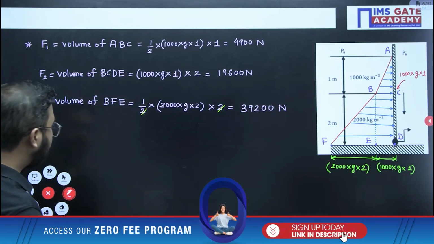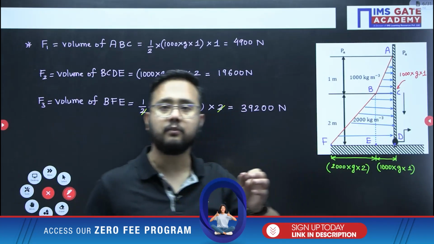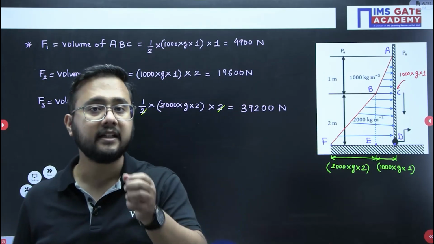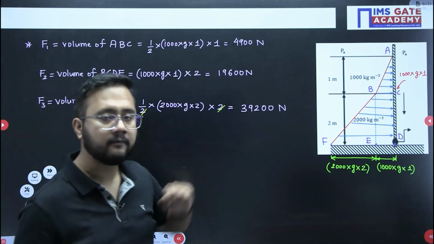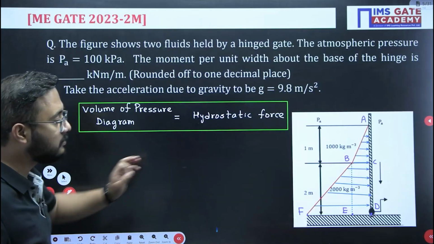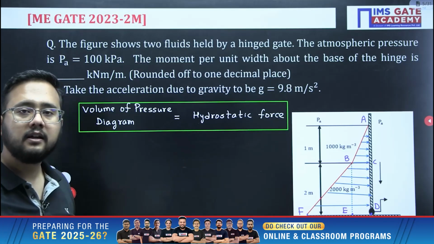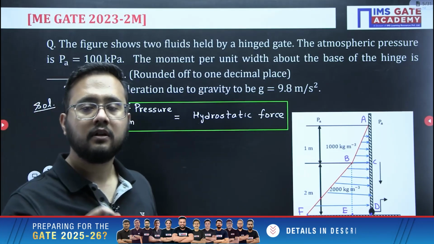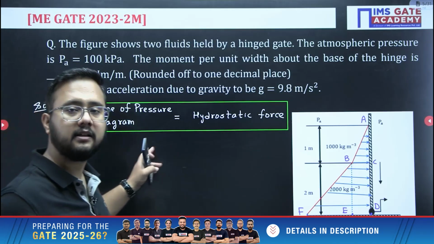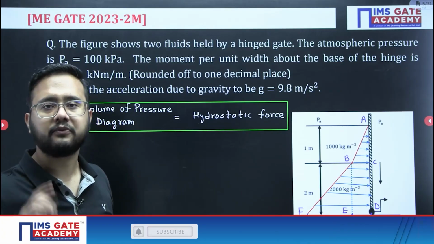Now what they are asking is the moment value. To write down the moment value about the hinge, we need the points of application, basically the distance of the forces from the hinge. Now one more important concept we have to understand in the pressure diagram: as the volume of the pressure diagram represents the hydrostatic force, the centroid of the pressure diagram represents the location of the hydrostatic force.